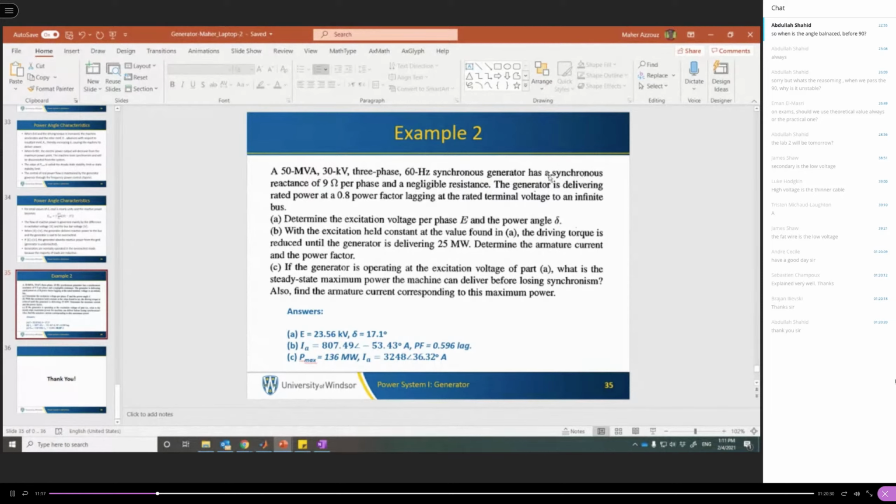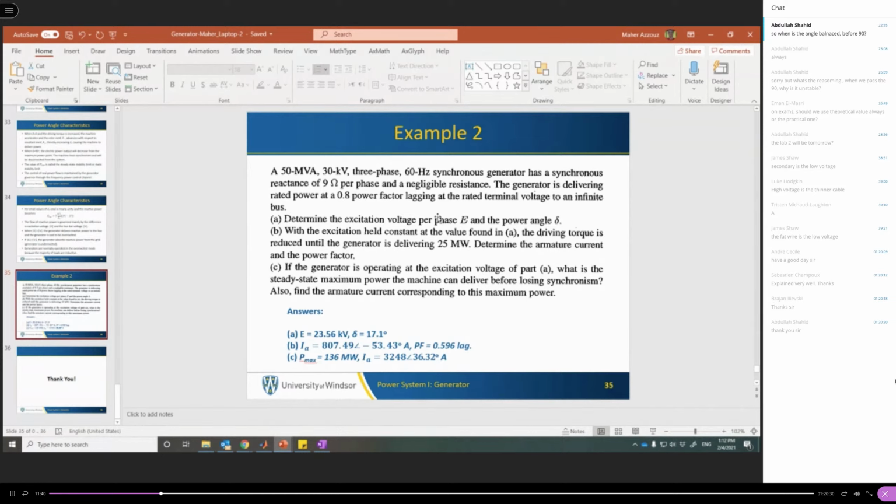We have the synchronous reactance. So all the parameters are given. The resistance of the stator or the armature is negligible. Okay. The generator is delivering its rated power at 0.8 power factor lagging at the rated voltage to an infinite bus. And I explained in the previous lecture what is the meaning of an infinite bus.